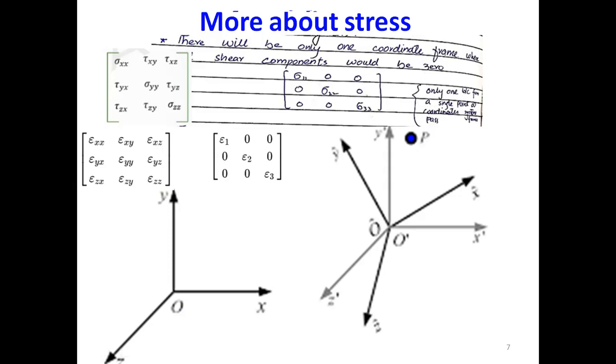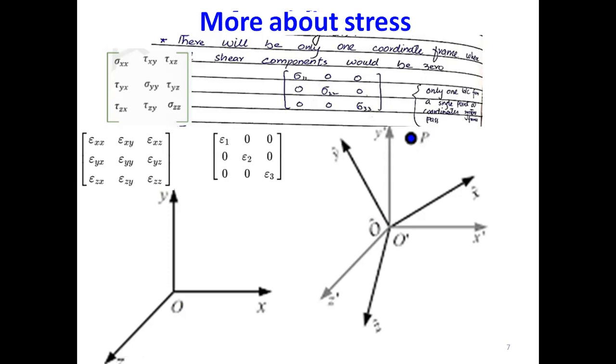Why we are rotating the frame, we would study in this course, and you would learn what the benefit of doing that would be. So remember that there would be infinite number of coordinate frames in which we could define the stress and strain.